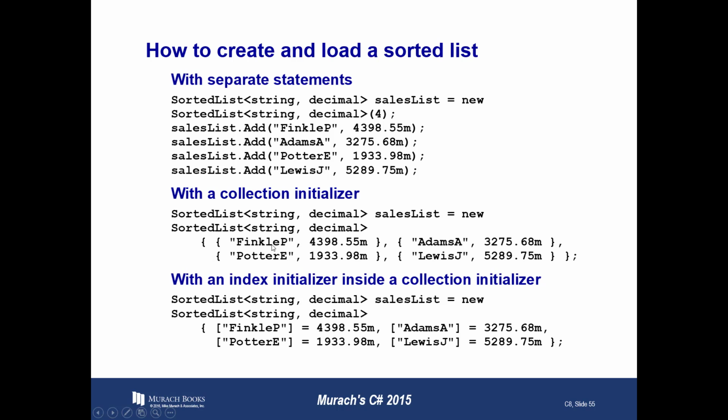You can also, as it says, use an index initializer inside a collection initializer. Some people find this easier because it's saying P. Finkel equals this, A. Adams equals this, E. Potter equals this, J. Lewis equals this. So any of these would work.